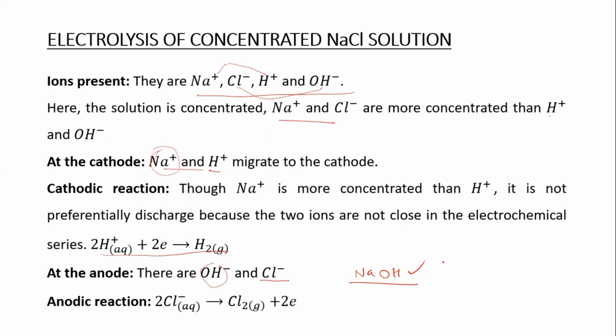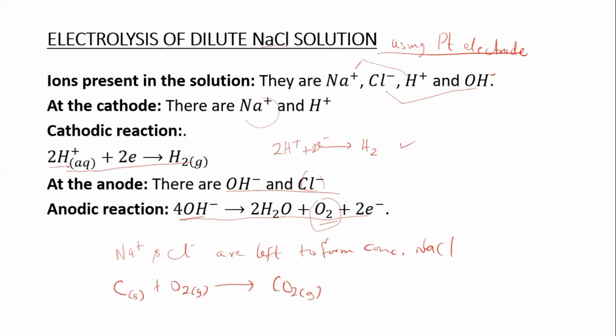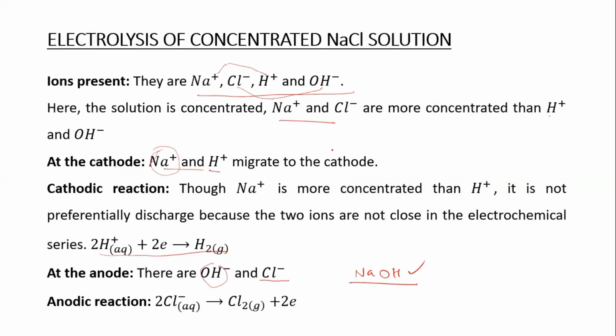Now, if you compare the electrolysis of concentrated sodium chloride and that of the dilute sodium chloride solution, you're going to see at the cathode, hydrogen gas is given off, just like in the electrolysis of concentrated sodium chloride.